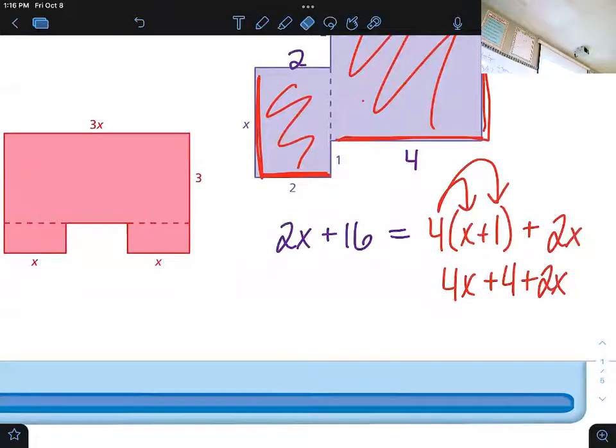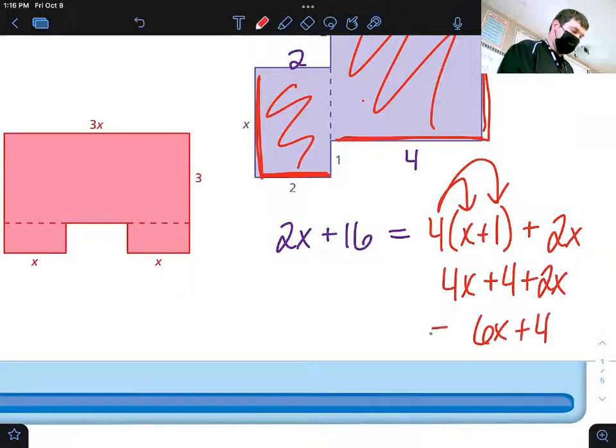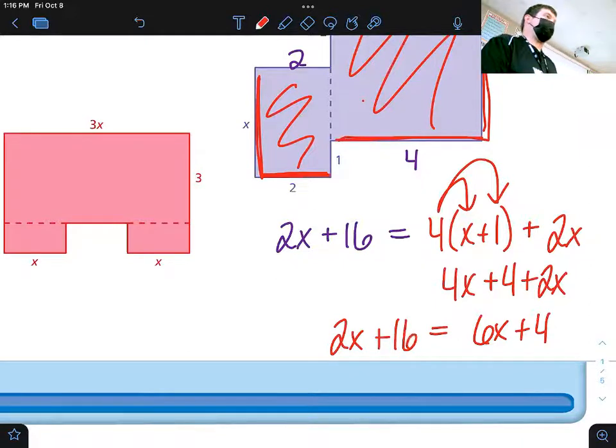Okay. So that side that I did in red is going to simplify, and this side represents the area. It's going to simplify to 6x plus 4. On the other side, we still have 2x plus 16. Now we can solve for x.